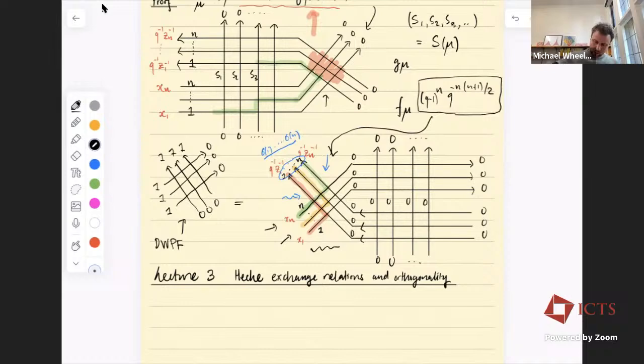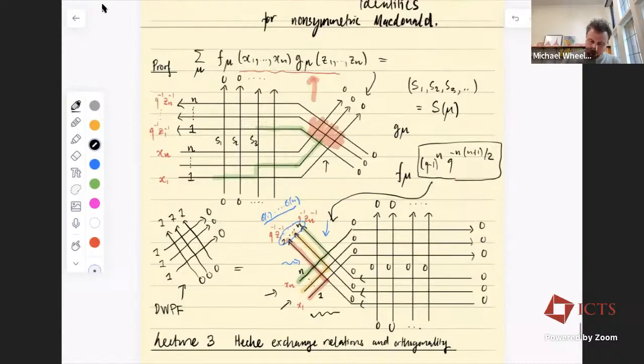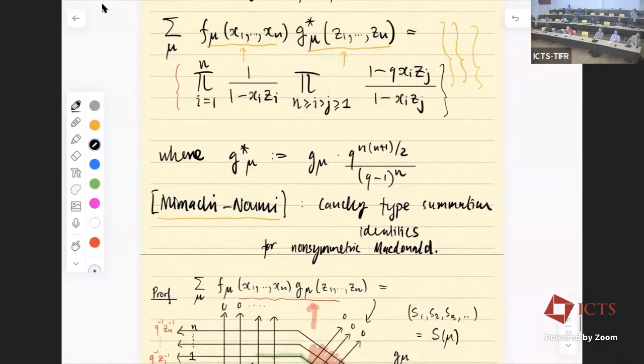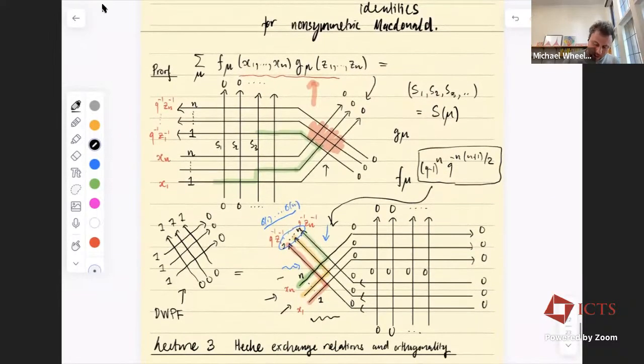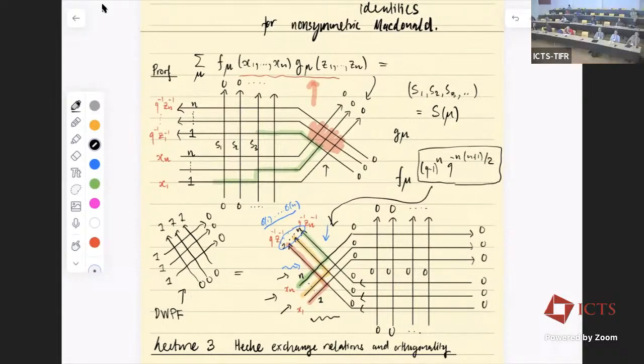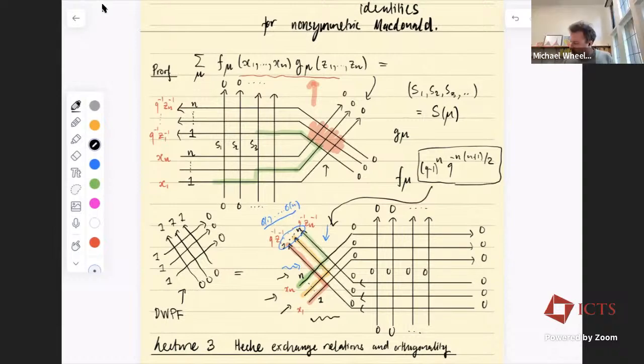Once I divide by that, on the left-hand side you'll get G star, and on the right-hand side you'll get a simpler expression, basically what it's supposed to be. So the Q factors are in there naturally. I see, and the Q minus ones come from some of the vertex weights. Yeah, that's correct. Okay, thank you.